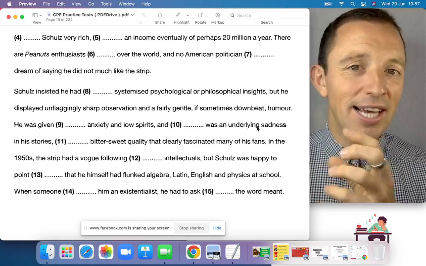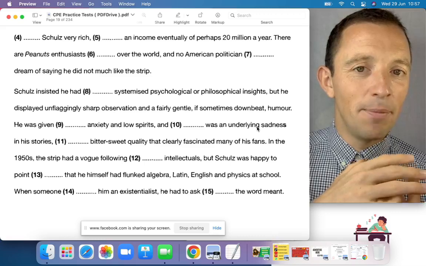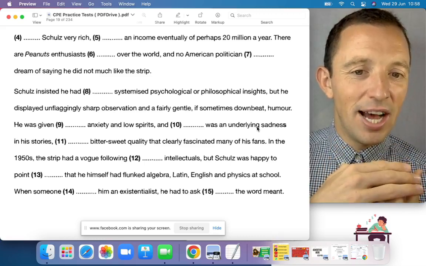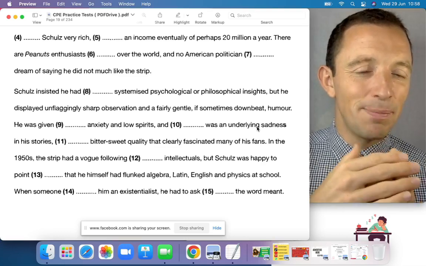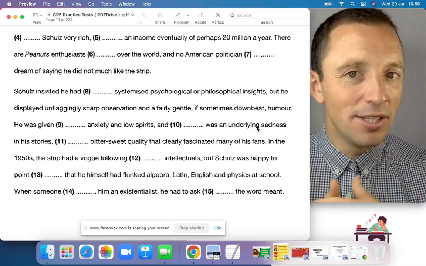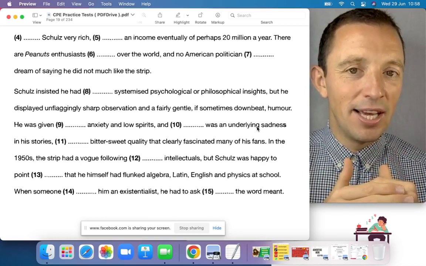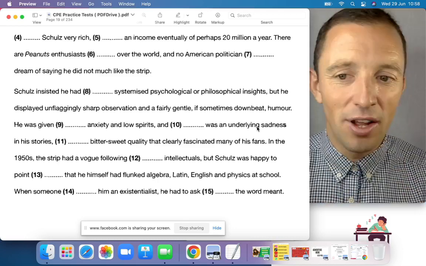And the anxiety and the depression was under his stories. And I think you can see it as well in the story. I expect you can see this sadness, but it's not the most dominant topic. It's just maybe a sub theme. But it's very interesting English, underlying sadness in the stories.